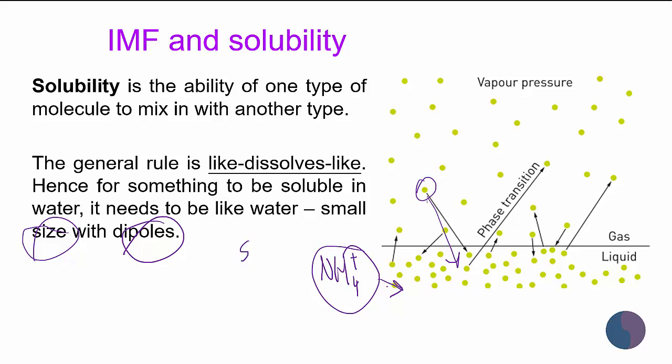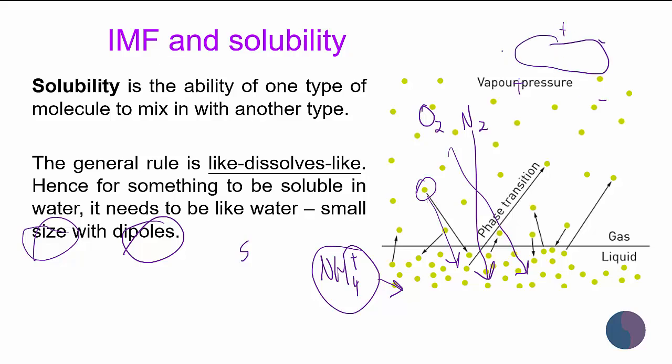Same with ethanol. But even things that are non-polar, like oxygen and nitrogen, because they're small, they'll still dissolve. And even if things are enormous, like a protein, because it's polar, it's got positive ends, it will dissolve as well. So it either has to be polar or small, and it will still dissolve. If it's both, it's highly, highly soluble. Okay.